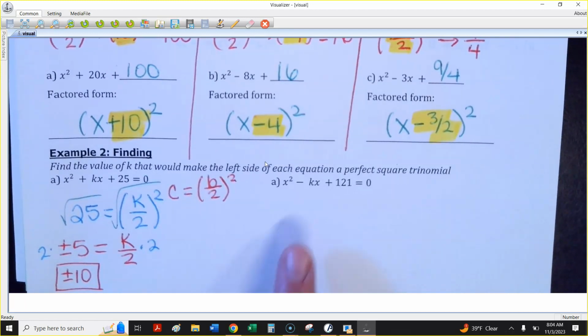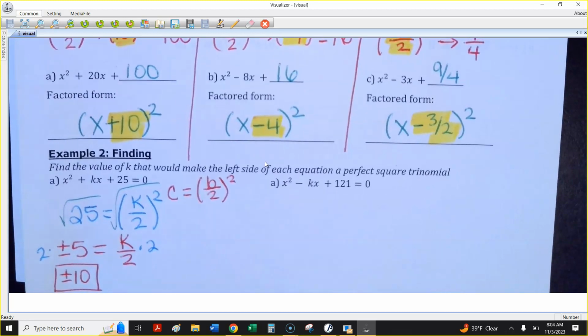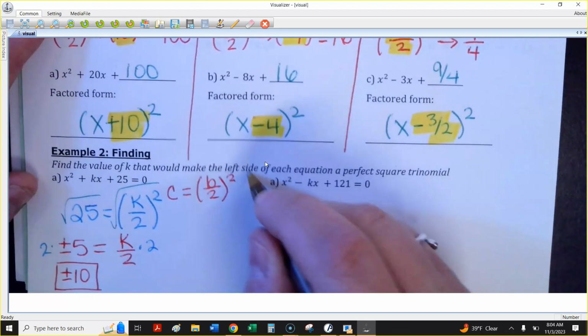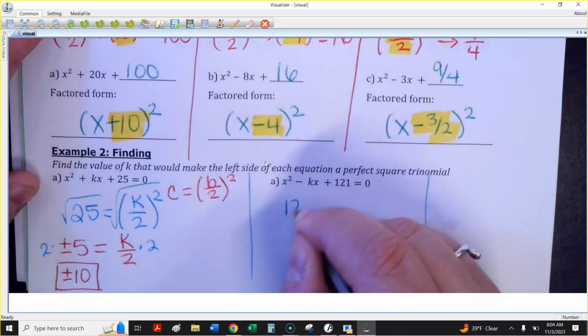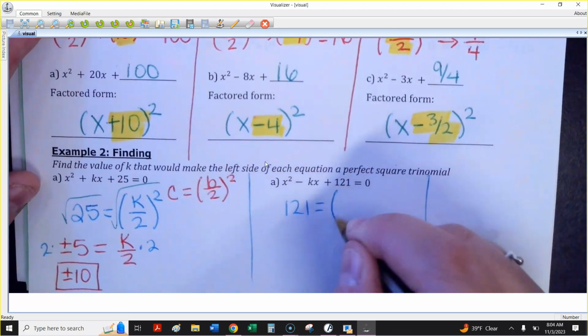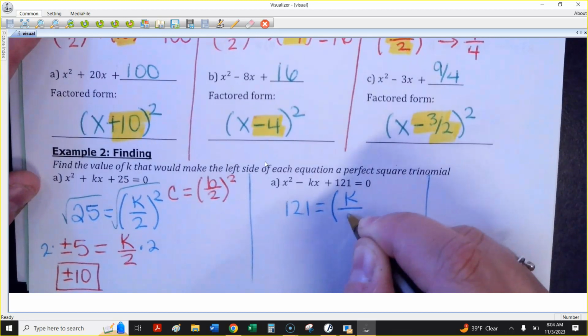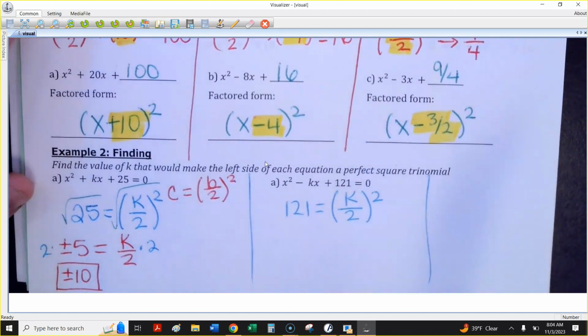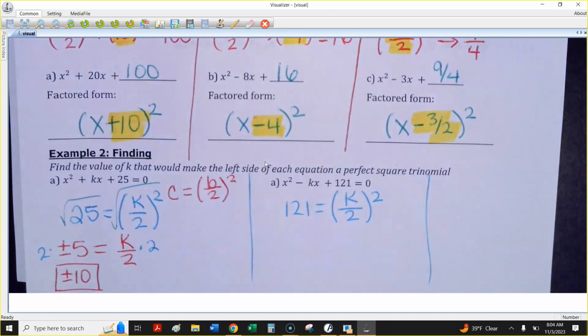Okay, see if you guys can figure out the k value on this last one. The constant term, I got 121 here, has to be the b value, which is represented by k in this problem, divided by 2 squared. See if you can tell me, there's two answers. What two numbers can k be for that question to make that a perfect square trinomial?